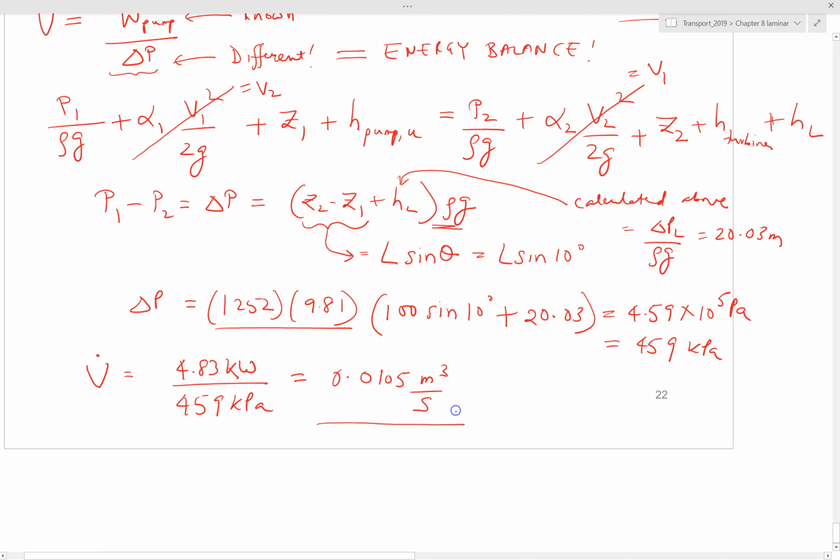So this versus 0.0196 meter cube per second before, when there was no elevation. So you can see the difference here. Certainly the flow rate is affected, and this is the difference.